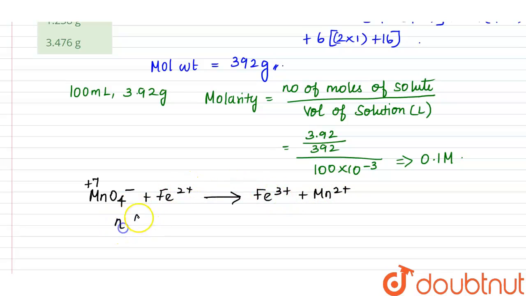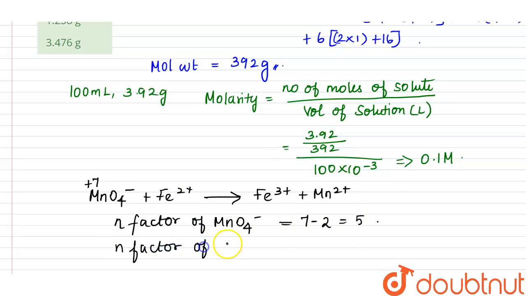So we have to find out the N factor. The N factor of MnO4 minus is the change in the oxidation state, here 7 minus 2, which is equal to 5. The N factor of Fe2 plus is 3 minus 2, which is equal to 1.